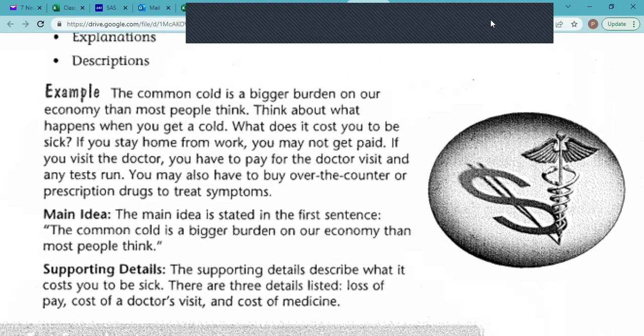If you visit the doctor, you may have to pay for the doctor visit and any tests that are run. You may also have to buy over-the-counter or prescription drugs to treat symptoms. The main idea in this paragraph is stated in the first sentence: the common cold is a bigger burden on our economy than most people think.